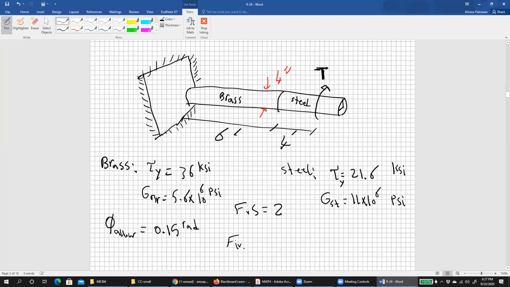Now find the maximum torque T, right? Let's see.